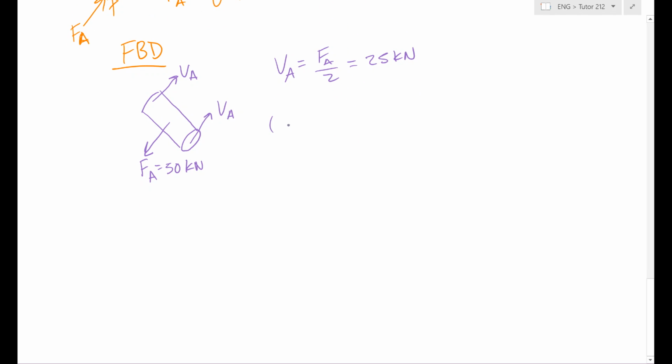And then our average shear stress at A, at that pin, is that equation. So you remember that. So it will be equal to 25, because we have kilonewtons. We'll want to just, like I said, keep it to newtons. It's a little easier to go down to the fundamental units, and then go bigger from there.